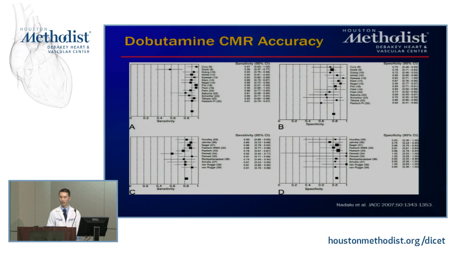And as you can see, dobutamine does have a pretty good sensitivity and specificity overall. I believe it's in the bottom data down here below. The top is vasodilator stress. The remaining 20 plus or so.